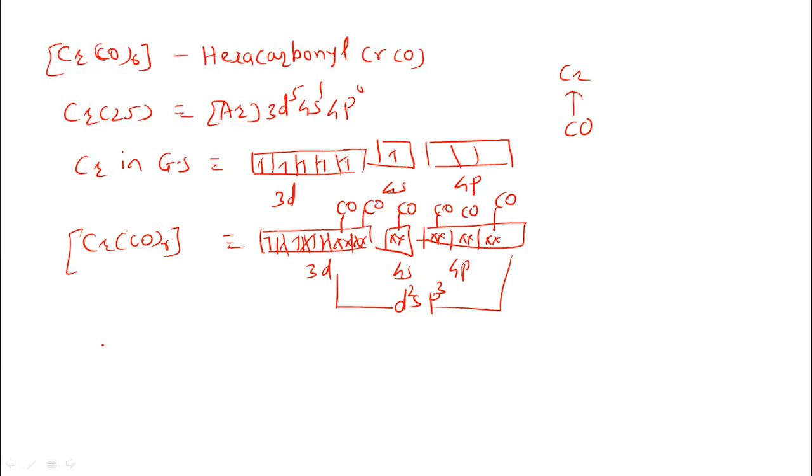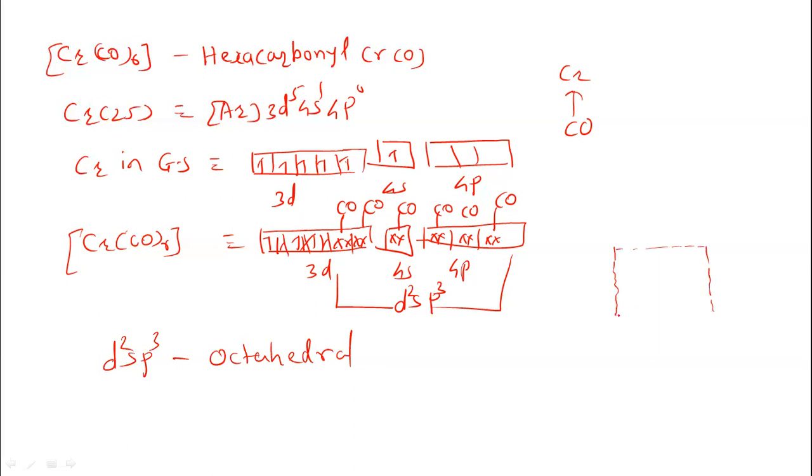The geometry is octahedral. For d2sp3 hybridization, the geometry is octahedral. So let us represent the structure of this complex, hexacarbonyl chromium.